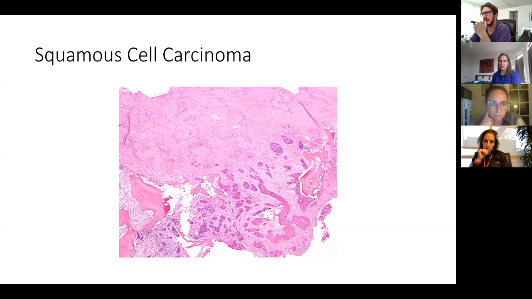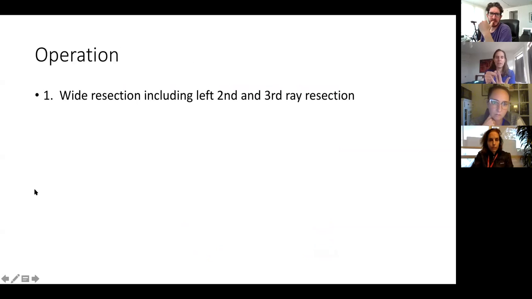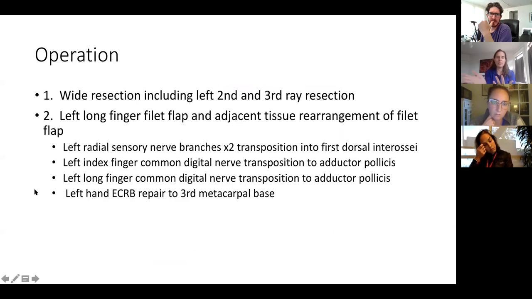I don't even want to risk it. Wouldn't it be easier for you to close the wound if you took both? He made it super easy. So we did a double ray resection, and we used the ulnar skin of that third ray and flipped it over for closure. It worked really well. And Nico, I think, helped with that one.